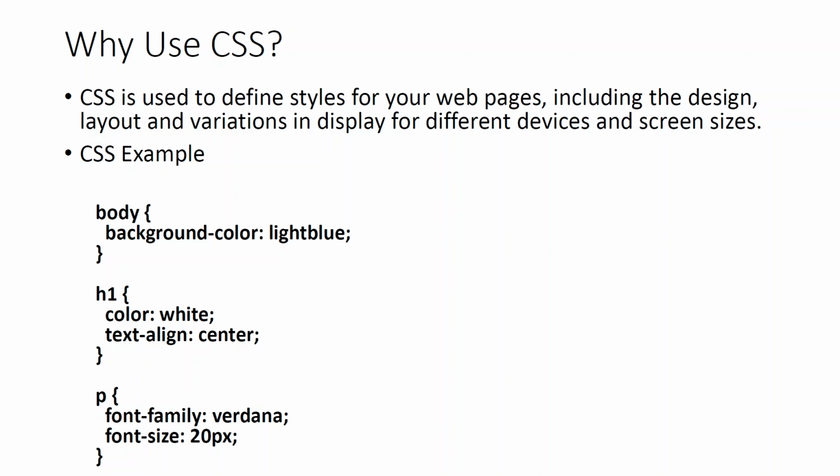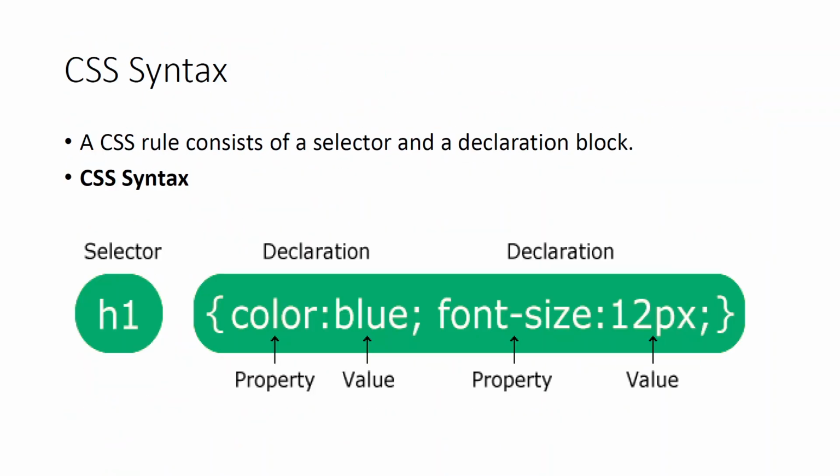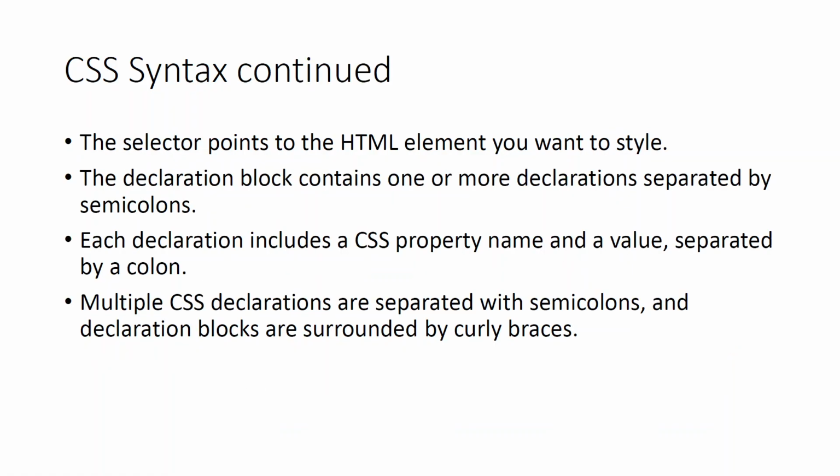You realize that the H1, the body, the P are HTML tags or HTML elements, which you're already sure of. Then in the declaration block, we have the color property, and then the value of white for the H1, and then text-align with a value of center for aligning our document at the center. So it follows this very syntax here.